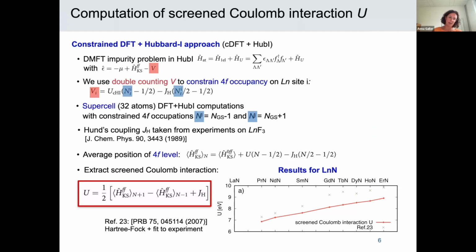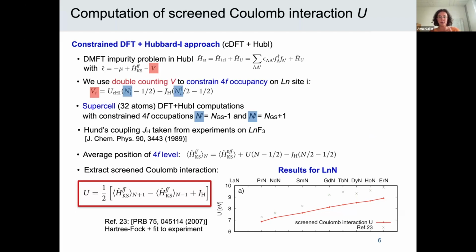And in the plot on this slide, in the right bottom corner, you can see our results. So it's the screened Coulomb interaction U for this rare earth mononitride series. You can see that the value of U ranges from 7 eV in praseodymium nitride to around 9 eV in erbium nitride.